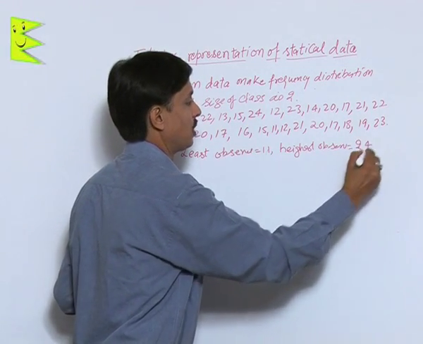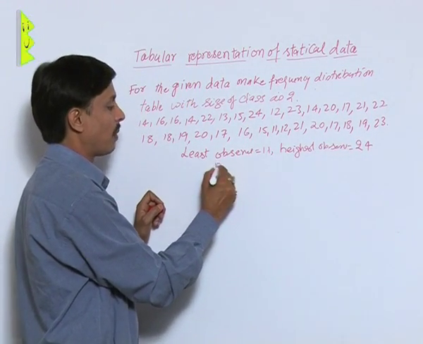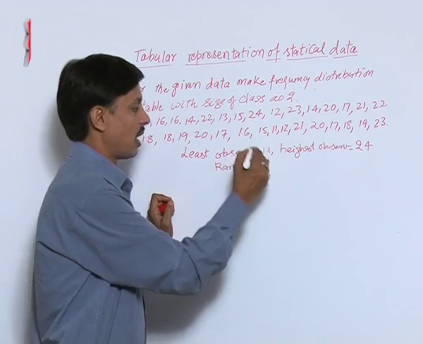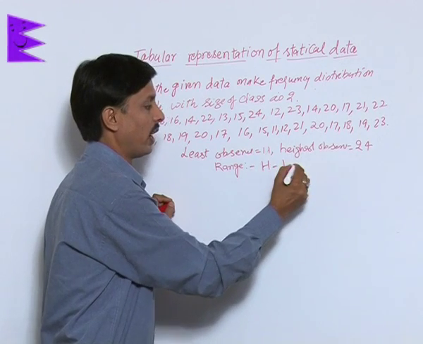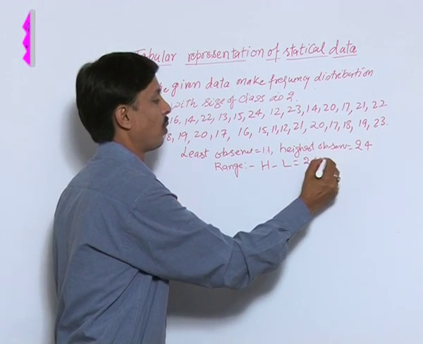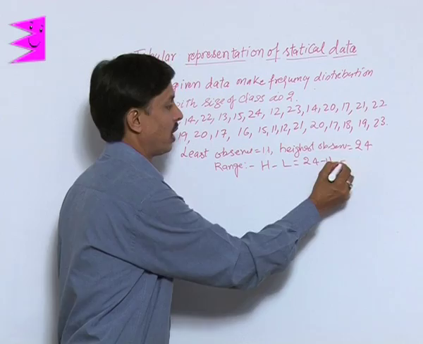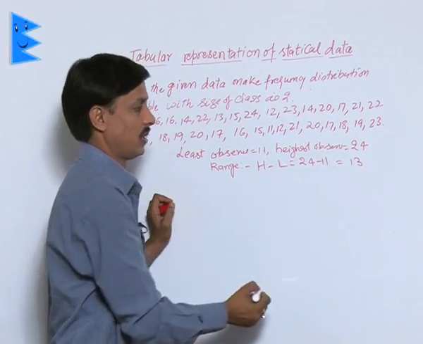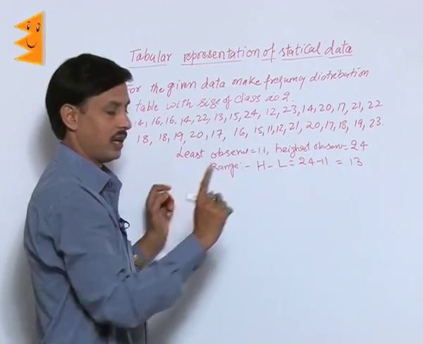From the given data it is 24. So if we talk about range, the range is highest minus lowest, that is 24 minus 11, which comes out to be 13. The range of this data is 13.